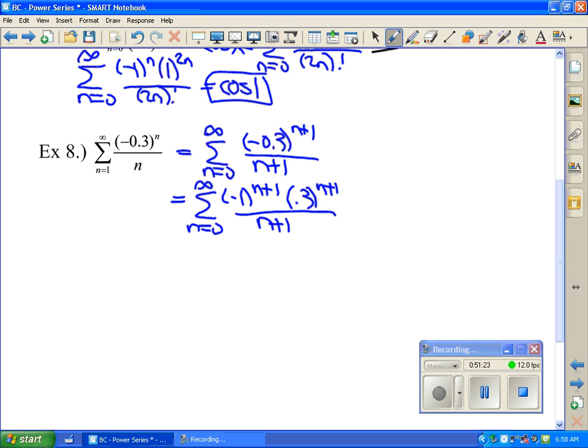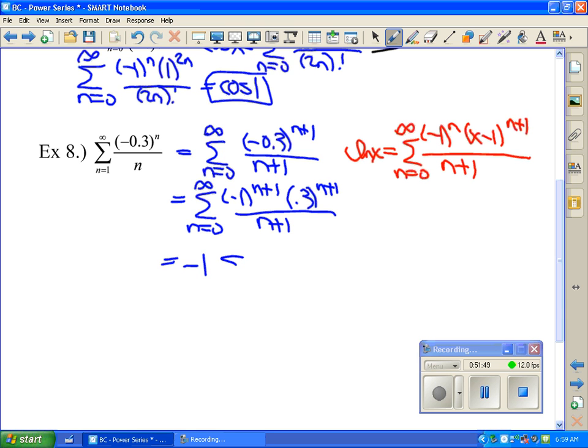The n plus 1s without factorials should remind you of natural log of x. So natural log of x was the series n equals 0 to infinity, negative 1 to the n, x minus 1 to the n plus 1, all over n plus 1. So notice the n plus 1s in my formula. Now, it's negative 1 to the n, and I have negative 1 to the n plus 1. So the first thing I'm going to do is take out a negative 1.